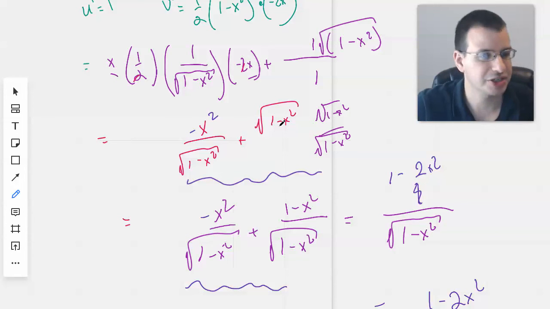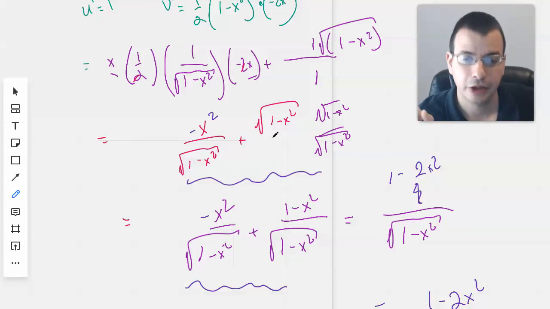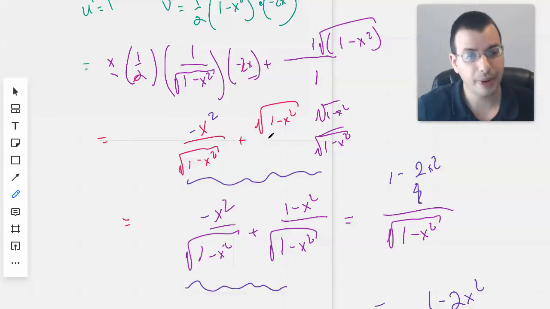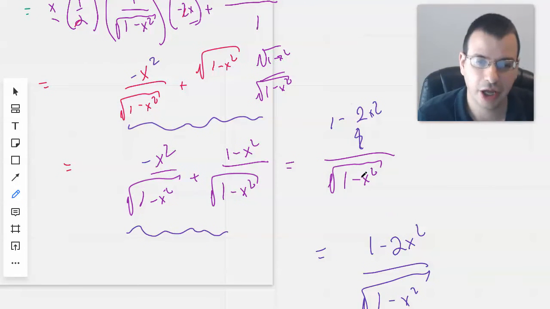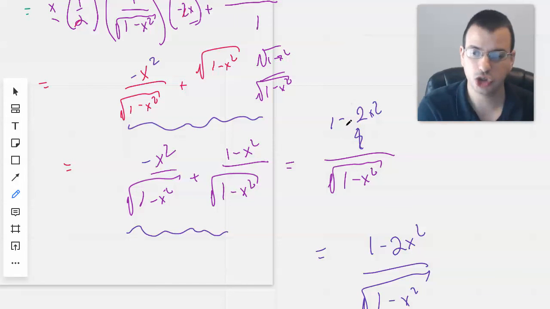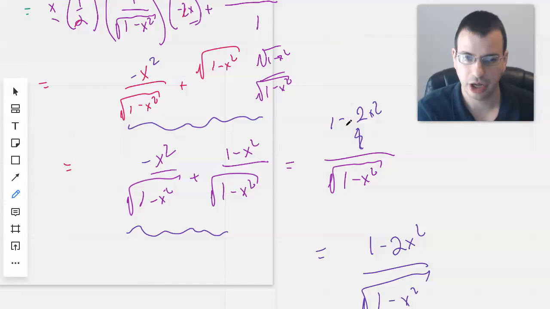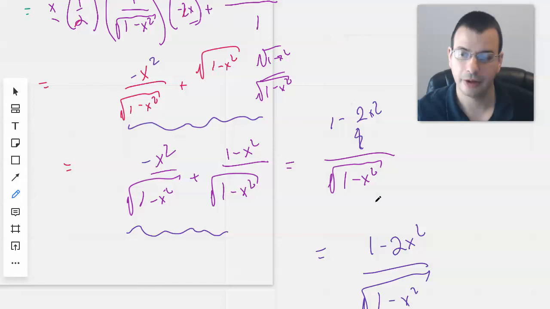I guess one of the fractions is over 1, so is it even really a fraction? I don't know. Everything's a fraction in life. So we want to combine these, and the way we combine them is a common denominator. Multiply the top and the bottom by the common denominator. And we get 1 minus 2x squared on the top, and then the square root of the quantity 1 minus x squared on the bottom.